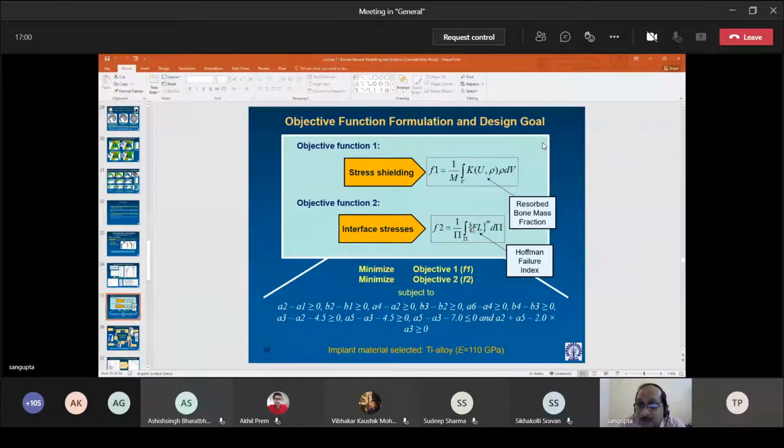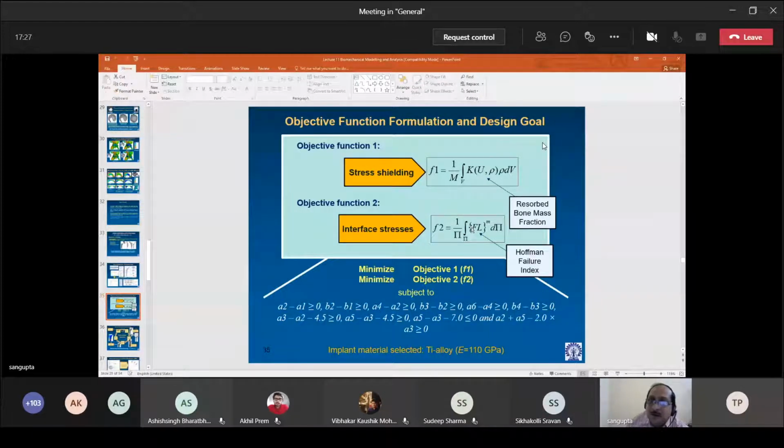But if there is bone resorption, reduction in bone density, then obviously the foundation of the fixation is disturbed. Okay. So we would like to see minimum bone resorption, right? That is one of the objectives, to minimize bone resorption.